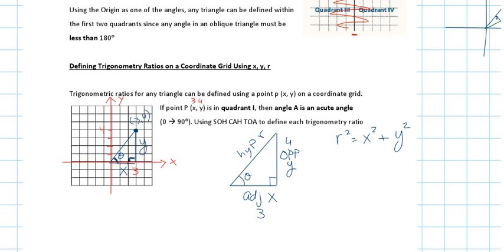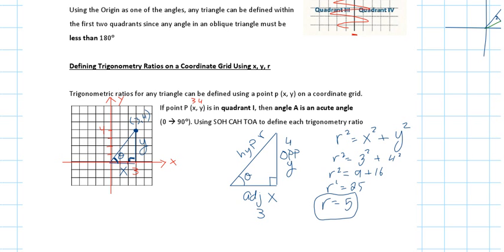So R squared equals, what's X? So that's 3 squared plus 4 squared. So that's 9 plus 16, which is 25. That means R is 5, so taking the square root. Are we all okay with how we found the radius?